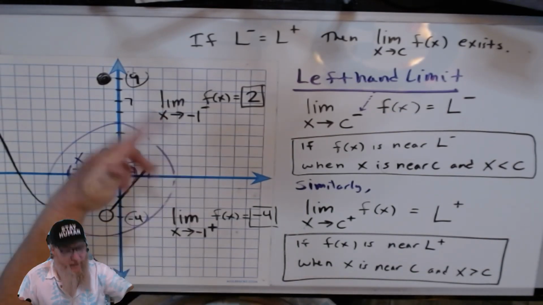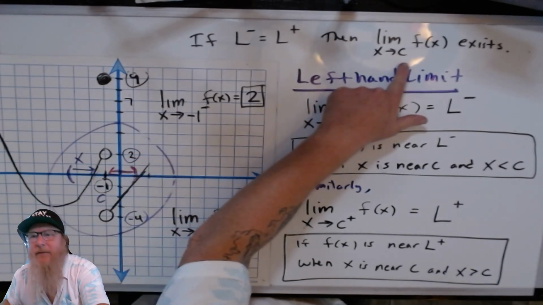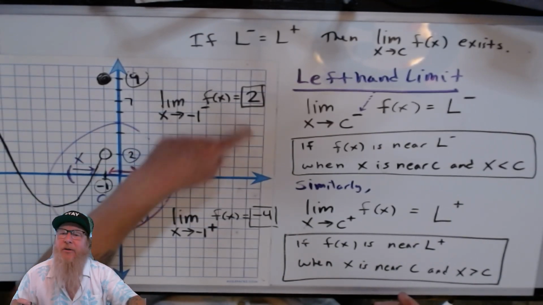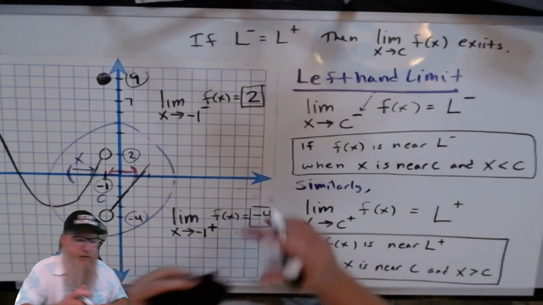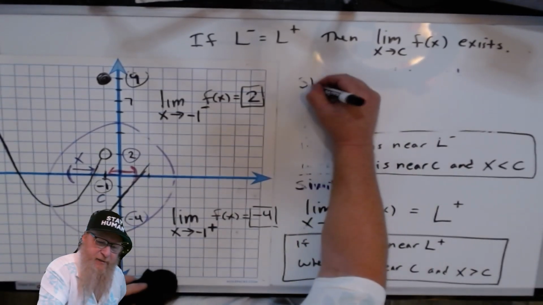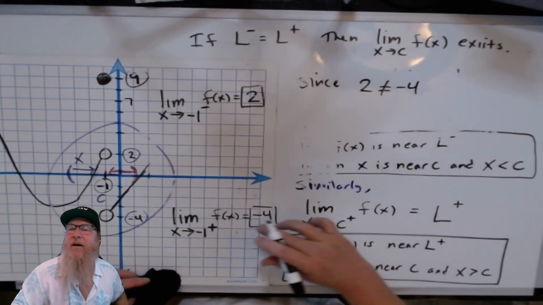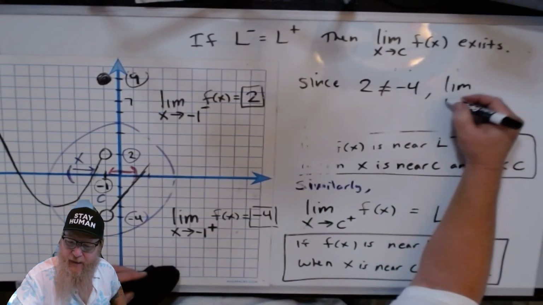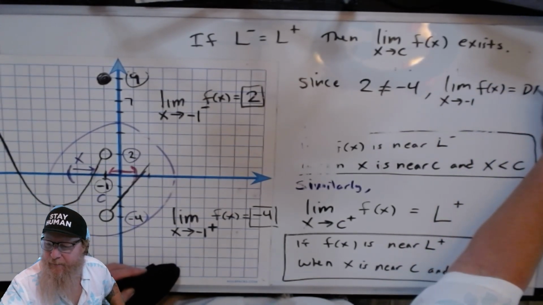I already told you that this limit doesn't exist, so that doesn't change. So the general limit doesn't change, but the left-hand limit is 2, the right-hand limit is -4. These two things do not agree with each other, so since 2 does not equal -4, the limit as x approaches -1 of f of x is DNE.